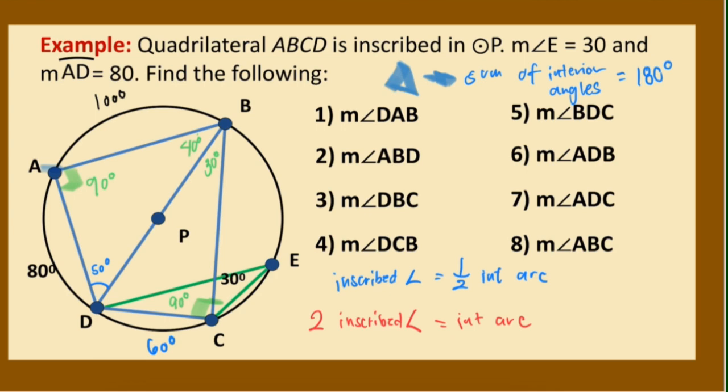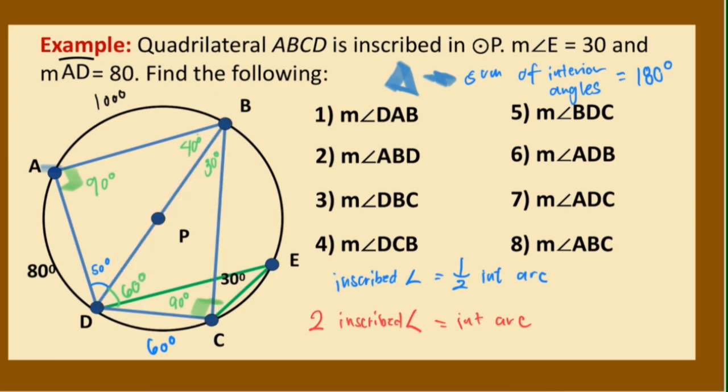Since that is 90 degrees, we can state that for BDC, 90 plus 30 gives us 120. 180 minus 120, we'll get 60 degrees. Because we have a triangle again, guys. 90 plus 30 is 120. 180 minus 120 gets 60.